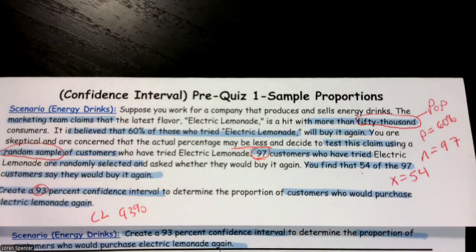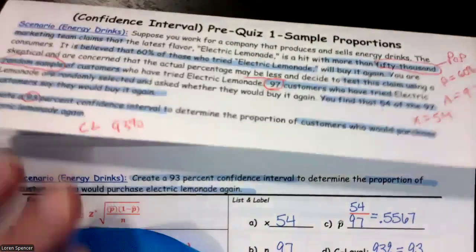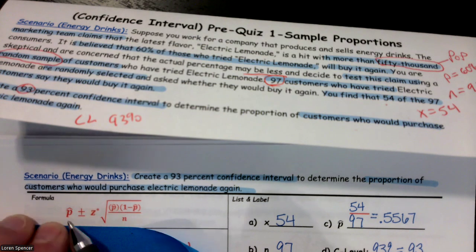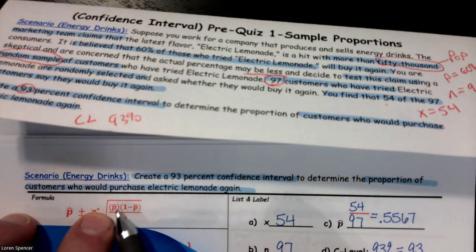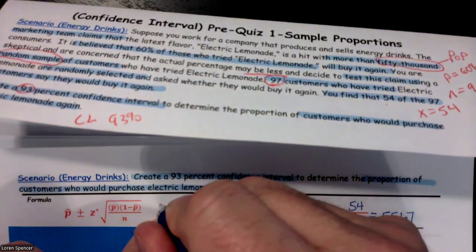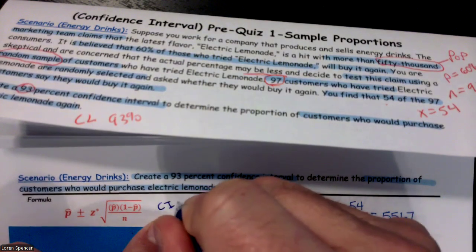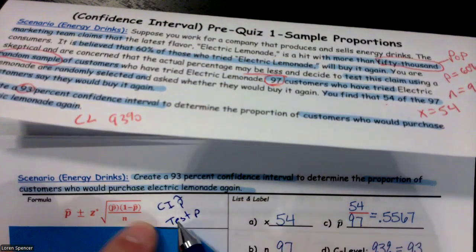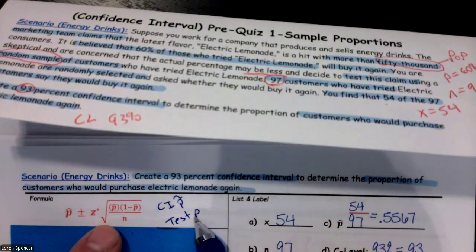Since it's a confidence interval, this is our basic confidence interval formula: p hat plus or minus z star. Remember, it's the sample proportion plus or minus z star. If we're working with a confidence interval, it has p hat. The test has p. So if it's a hypothesis test, we're using p.